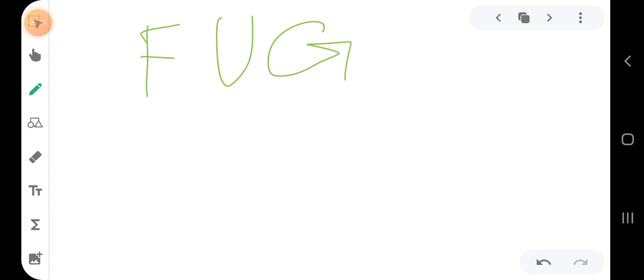So what do I mean by FUG? F refers to Fenske, U refers to Underwood, G refers to Gilliland. It's a correlation called FUG: Fenske, Underwood, Gilliland. And these are mainly three types of equations.